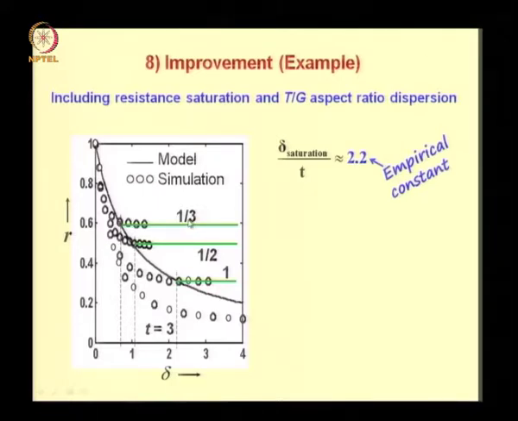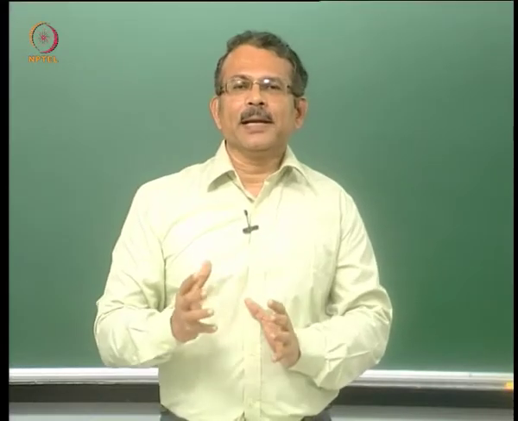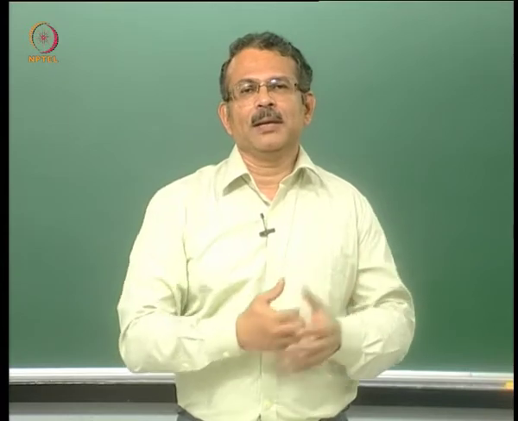Similarly you do for T equal to 1 by 3. The point of intersection occurs here and this is the value of delta beyond which the resistance saturates. So this value divided by 1 by 3, and you will again get the value of about 2.2. Note that this value of 2.2 has been determined empirically. We have not done a derivation from the fundamentals.